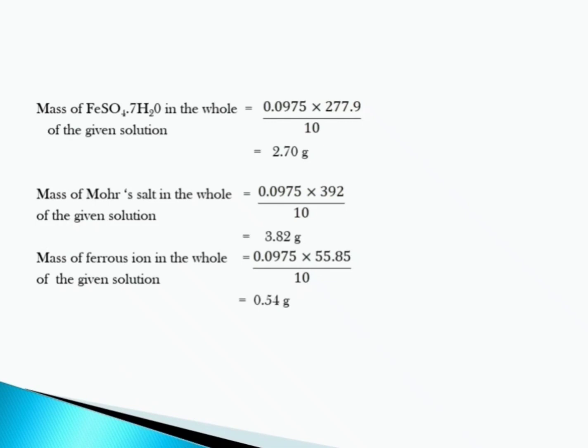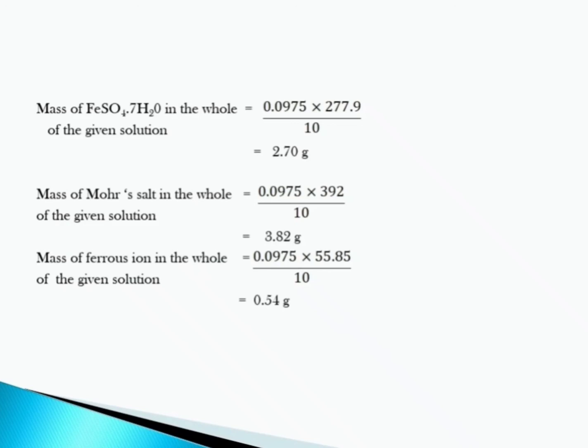Mass of FeSO4.7H2O in the whole of the given solution can be given by multiplying the equivalent mass by normality and dividing it by 10. FeSO4.7H2O has equivalent mass 277.9. So substituting values we get mass of FeSO4.7H2O in the whole of the given solution as 2.70 gram.